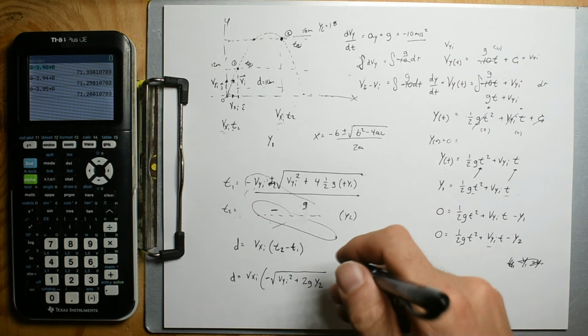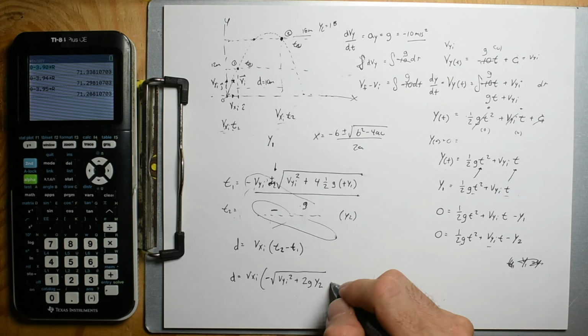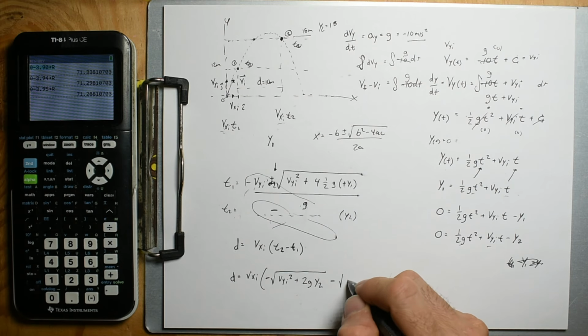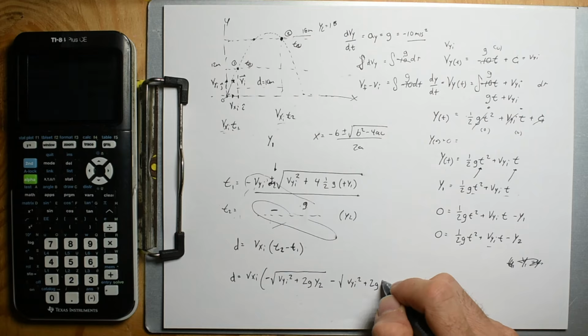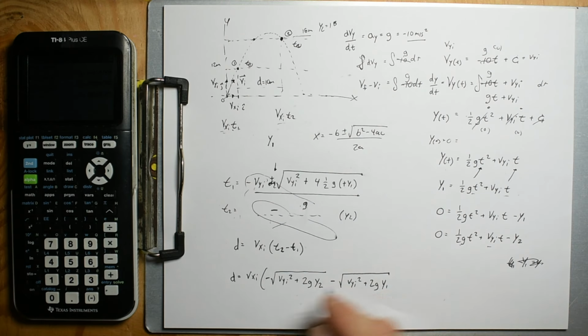I'm going to subtract it from the positive, which is the square root of Vyi squared plus 2g y1. I've messed this up every different way you could, but this is correct now. And then this is all divided by g, so now we have the full equation.